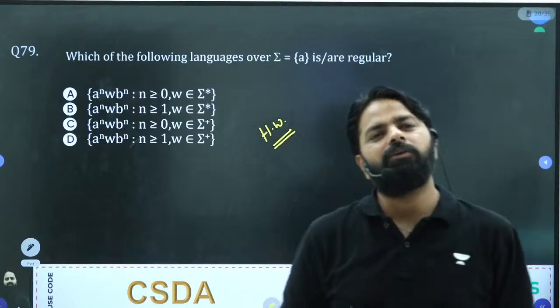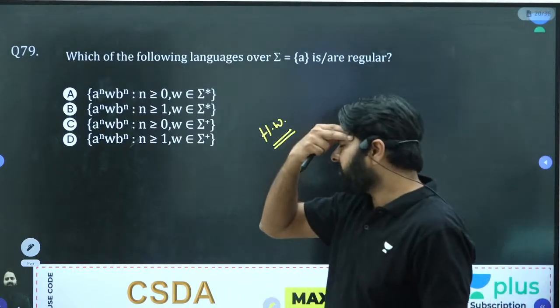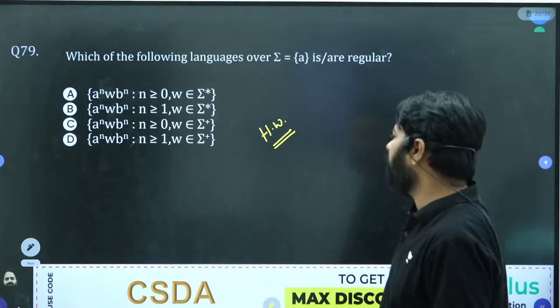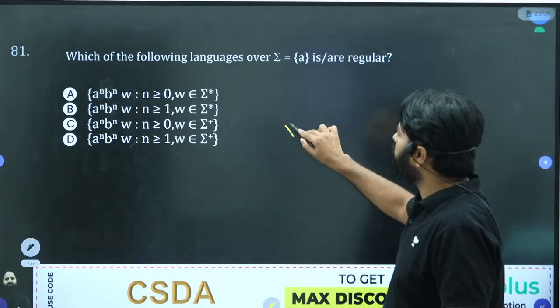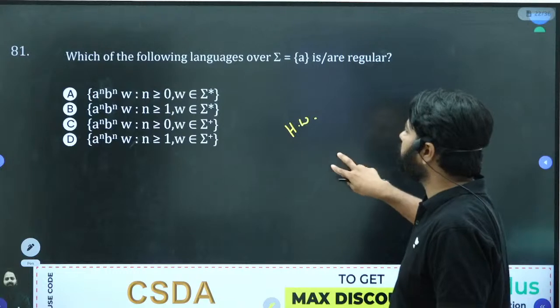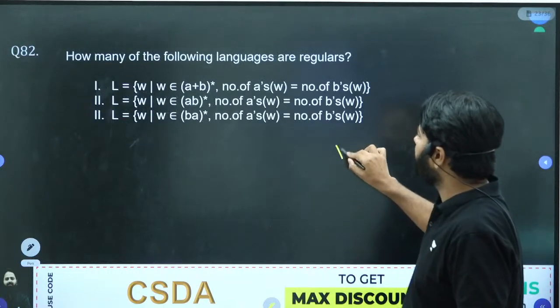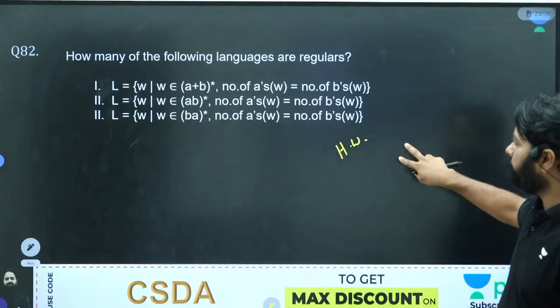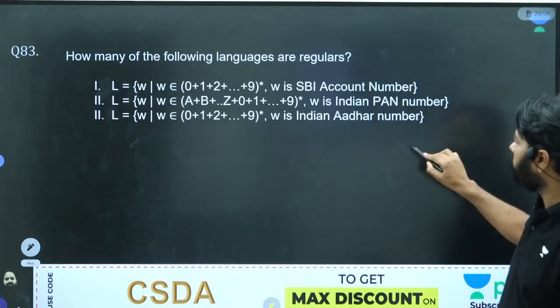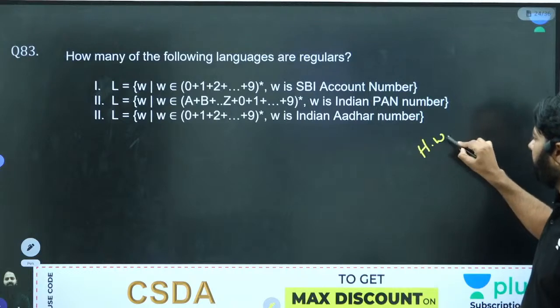Yeah, it can be done tomorrow morning also. Catch me at the 7:30 a.m. session. I'll help you understand if you have doubts. So up to a total of 6 questions I'm going to give you as homework. When you're ready, analyze it and answer it. 82 and 83 also I'm giving you as homework.